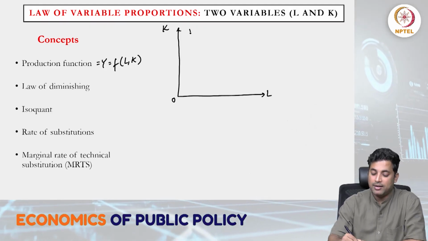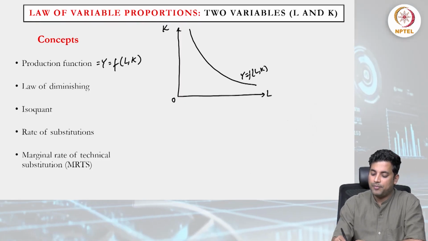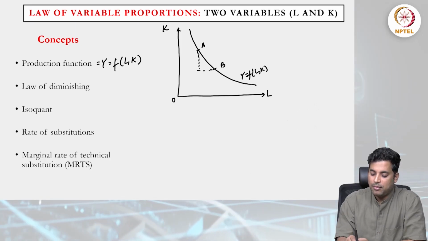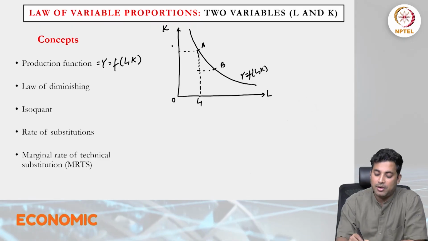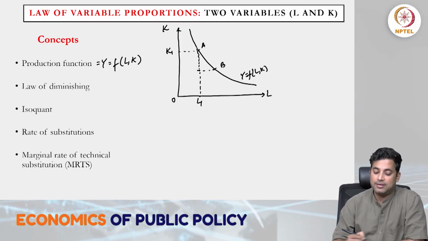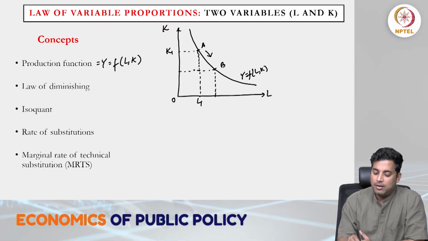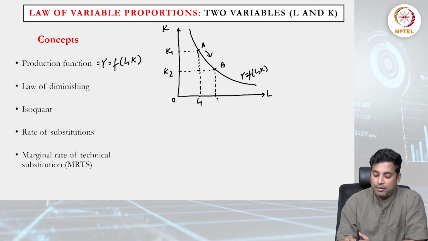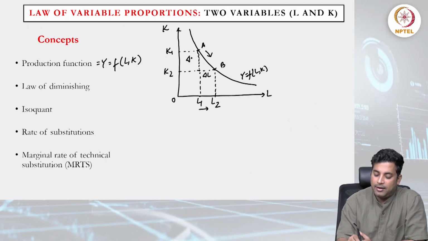Following the same law of diminishing returns, the production function is Y as a function of L and K, and here we have point A and point B. If I move from A to B, at point A the firm is using OL1 amount of labor and OK1 amount of capital to get this much production. If the firm chooses to move from A to B, capital will be reduced from OK1 to OK2, but labor will be increased from L1 to L2, meaning here delta L and here delta K.